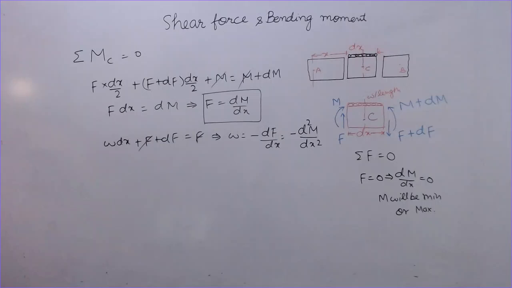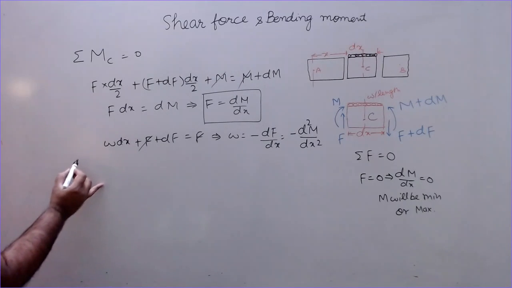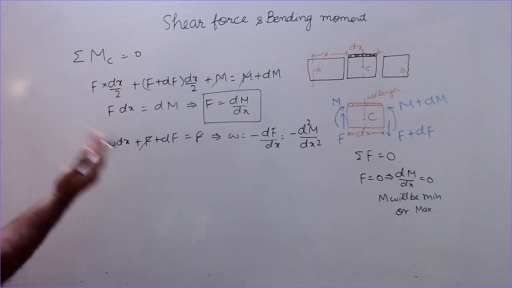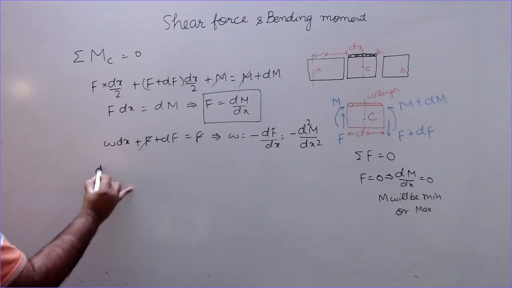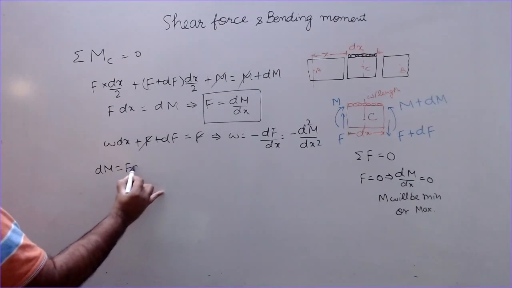And we can write this in another form, say from point A to point B, dM is F dx.